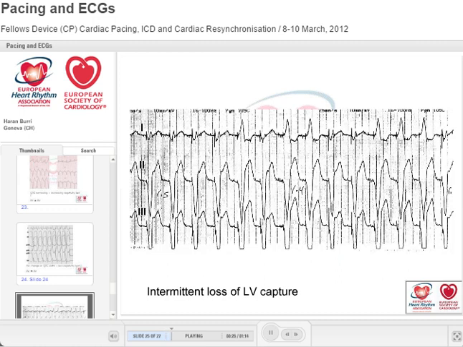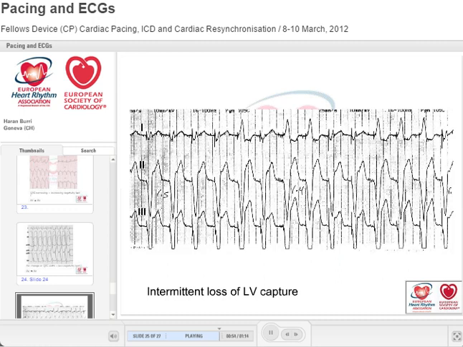Okay, any questions on the algorithm? Yes? Maybe you can just speak up loud. How can you exclude a potential left ventricular anodal pacing? Okay, so the question was, how can you exclude anodal capture? Well, if you have anodal capture while pacing the LV only, in essence you're having biventricular capture.